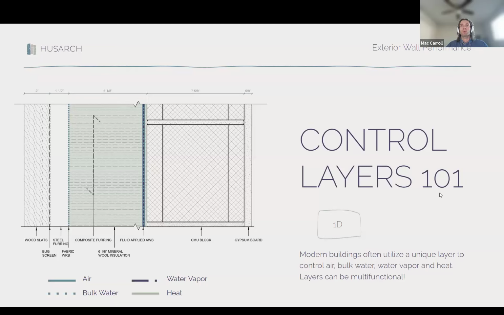Like the masonry wall may not have been an air barrier, but the modern system looks at these, and in this particular example on the left, we're looking in one dimension, and we're just outlining the different layers that are important to protecting and conditioning the inside of the building. Can you go to the next slide, please?